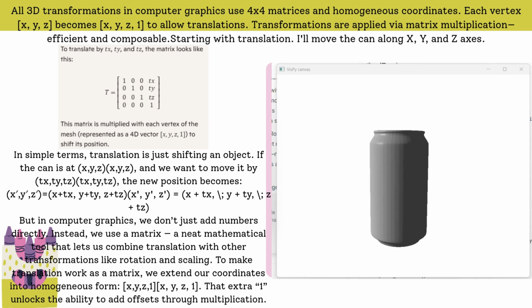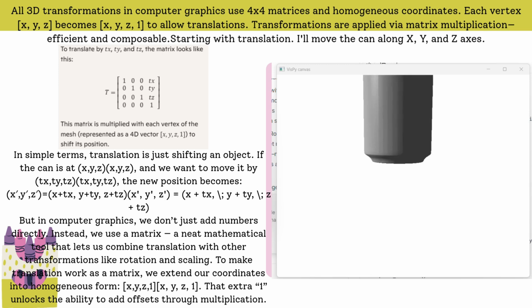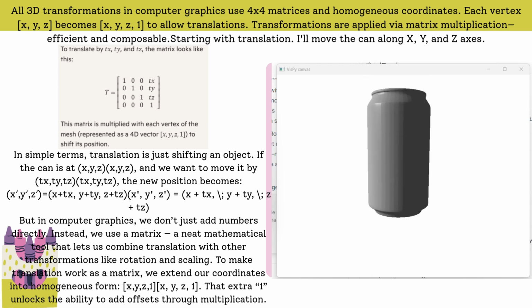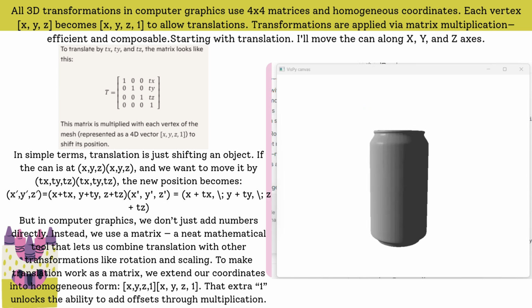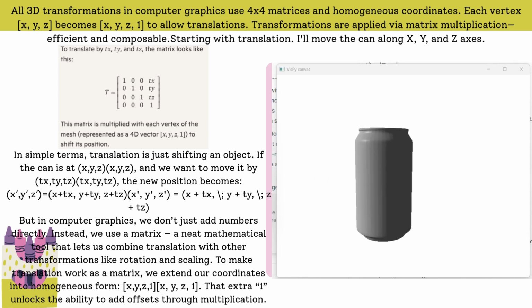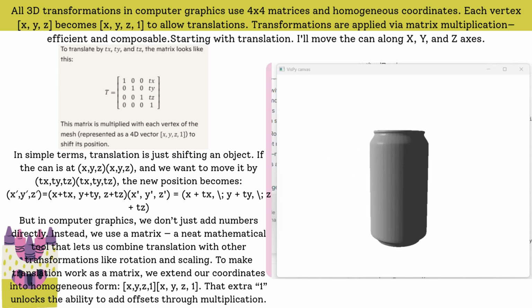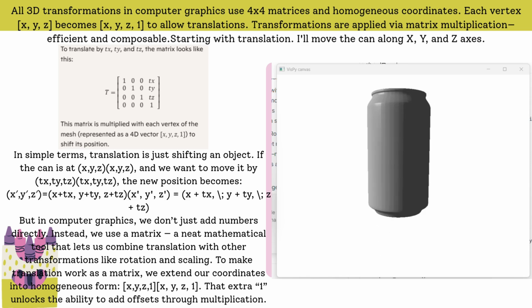Before we start with the 3D transformations, after we set up everything in the code, we'll proceed to the 3D transformation. In computer graphics, we use 4 by 4 matrices and homogeneous coordinates, where each vertex (x, y, z) becomes (x, y, z, 1) to allow translations.